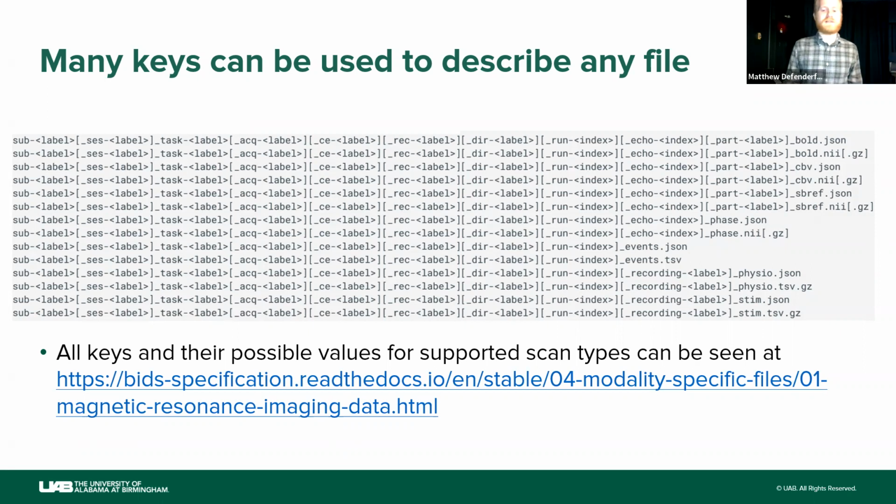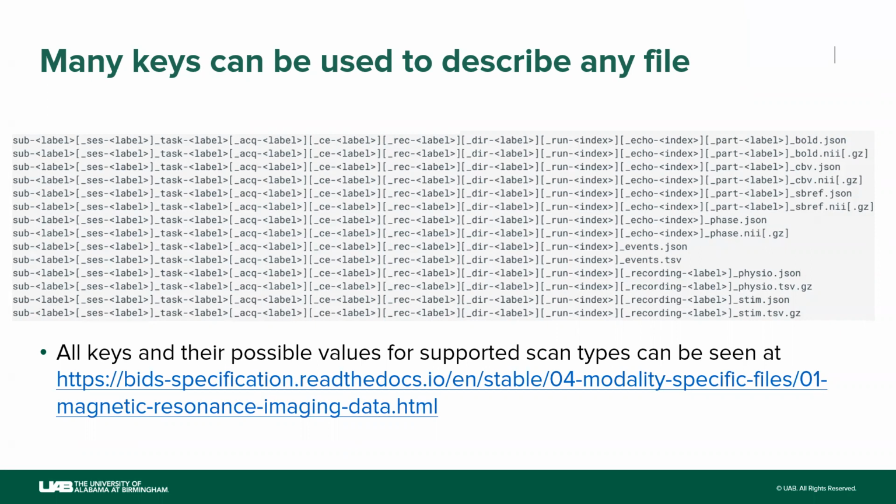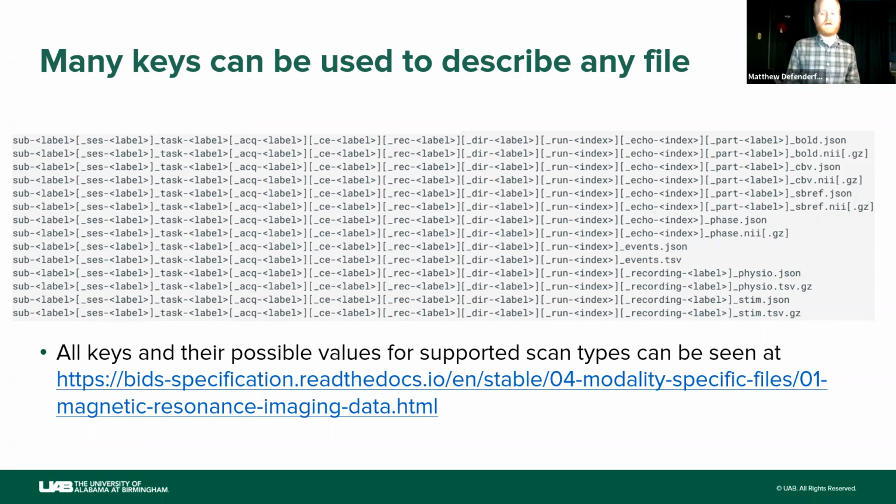So you'll fill it out once, and what I would suggest doing is having a script, set that as the master version of the events file, and then when you are converting subjects to BIDS, essentially copy paste that events file into the respective folders. The only thing that you would need to do at that point is change the subject label to match the subject that you're copying it to.